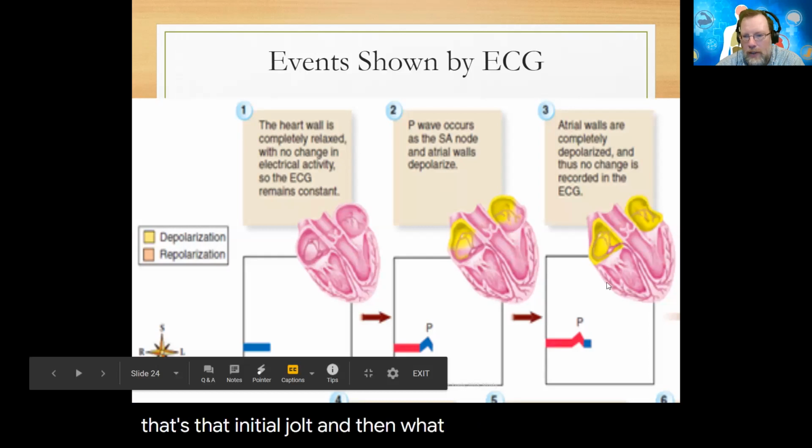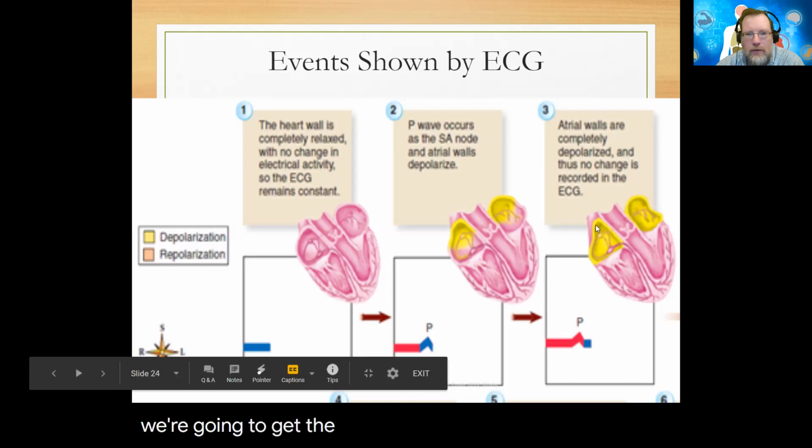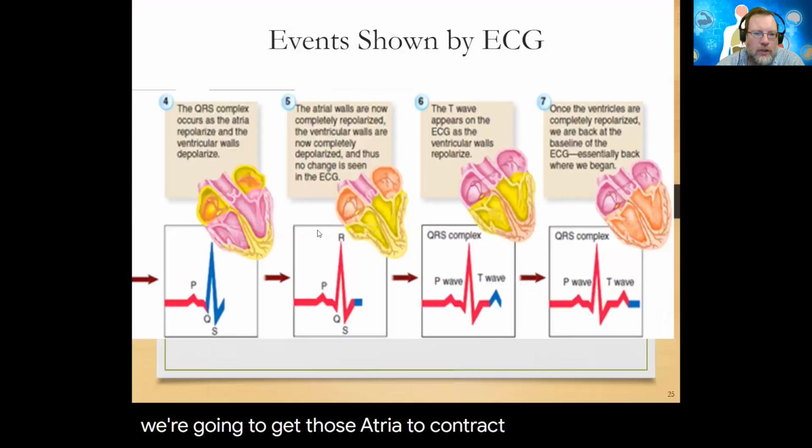And then what we get is the contraction of the atria. So the atrial wall is completely depolarized. So we're not going to see any change noted in the EKG reading. We're going to get those atria to contract or eject blood.